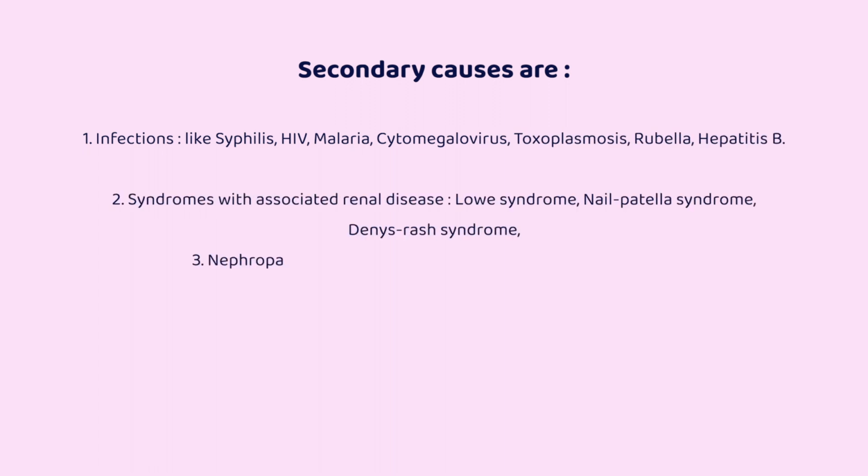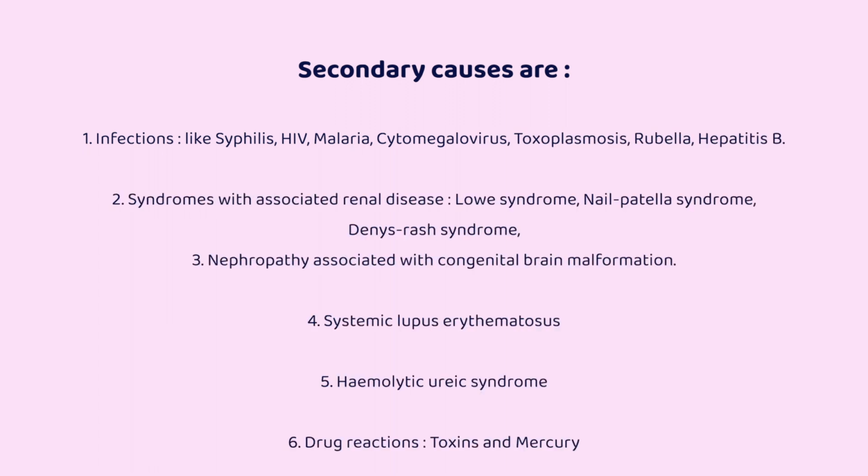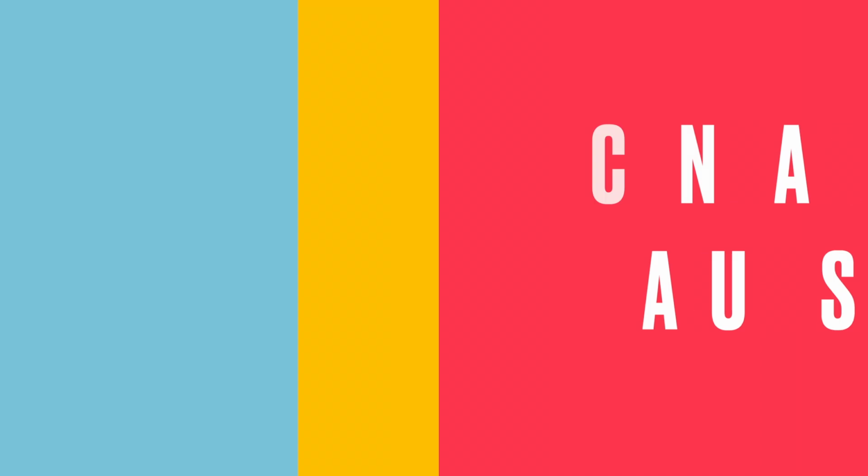Secondary causes are infections, like syphilis, HIV, malaria, cytomegalovirus, toxoplasmosis, rubella, hepatitis B; syndromes with associated renal disease, Lowe syndrome, nail patella syndrome, Denys-Drash syndrome; nephropathy associated with congenital brain malformation, systemic lupus erythematosus, hemolytic uremic syndrome, drug reactions, toxins and mercury. Now come to the clinical features.